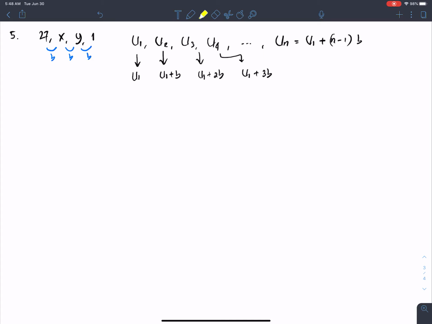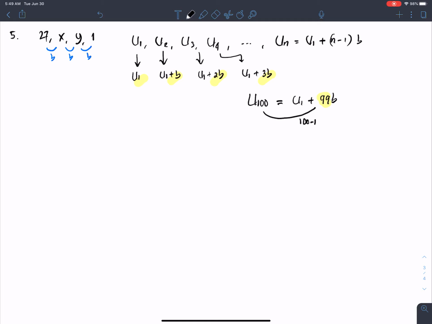If you check, this one is without b, with 1b, with 2b, with 3b. So quickly I can tell that u100 will be u1 plus 99b, because it is 100 minus 1.